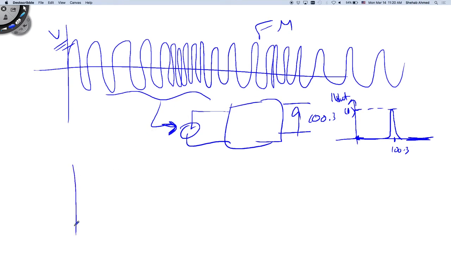AM signals are more like modulating by a sine wave.